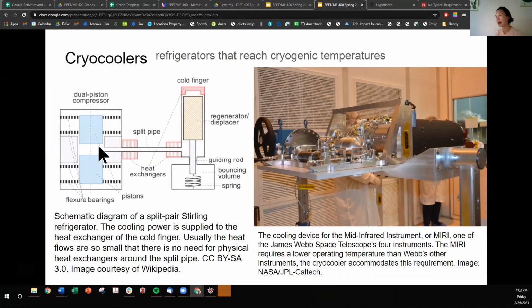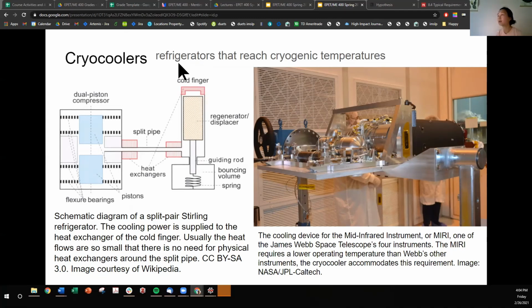They also have heat exchangers, and I've usually seen some cryogenic fluids like liquid helium. But anyway, through a series of compressing and condensation, you can get very low temperatures to the cold finger.